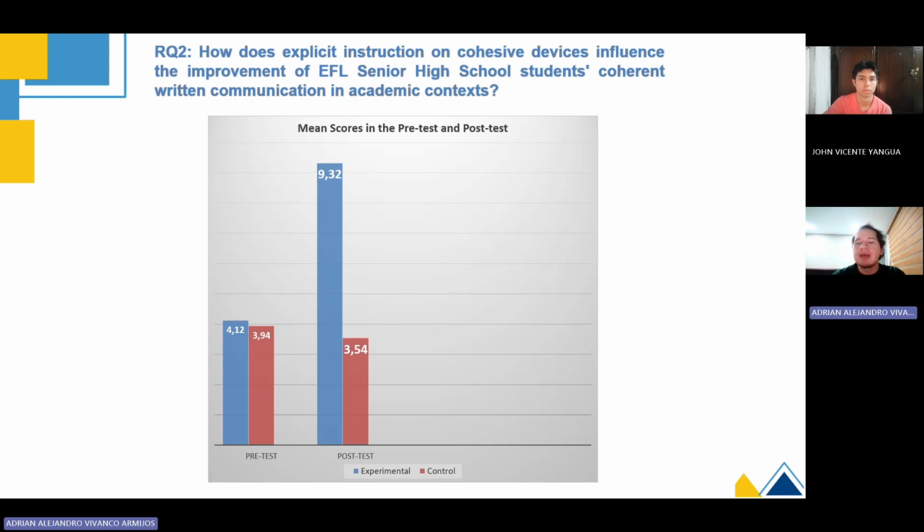Consequently, students became more capable of selecting appropriate connectors, organizing ideas logically, and producing paragraphs with greater coherence. These findings suggest that explicit instruction constitutes an effective pedagogical strategy for strengthening coherent written communication among EFL learners.